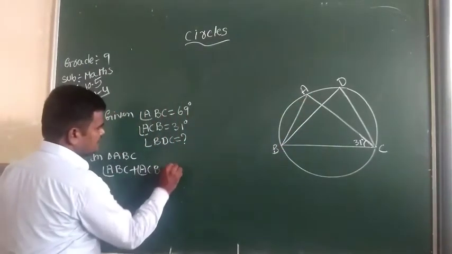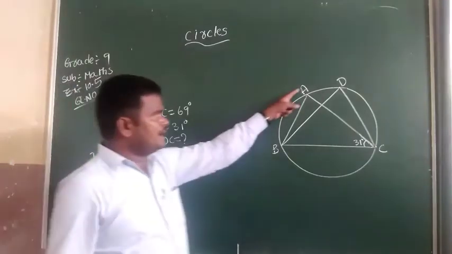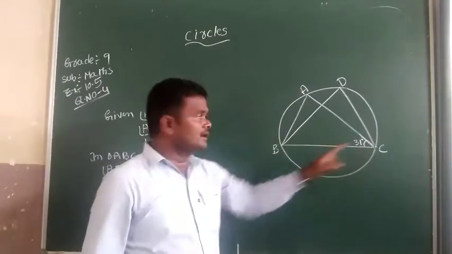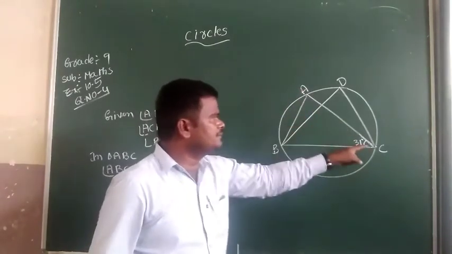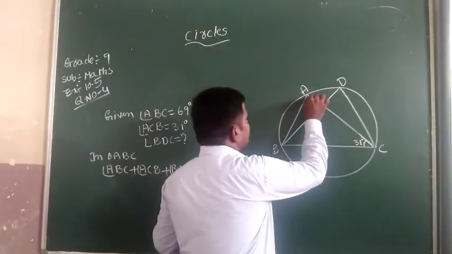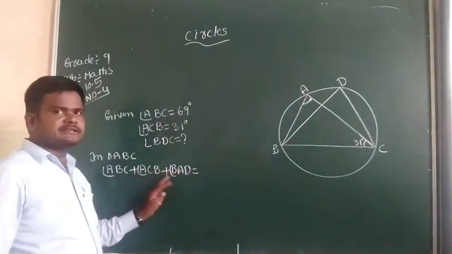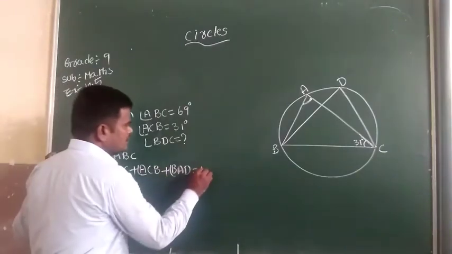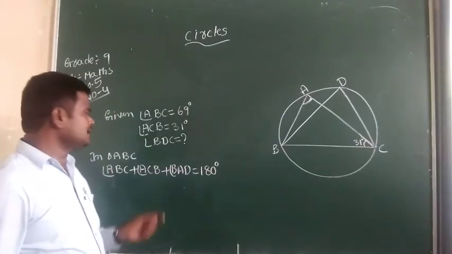Here the sum of the angles in a triangle is equal to 180 degrees. That is the angle sum property in a triangle.